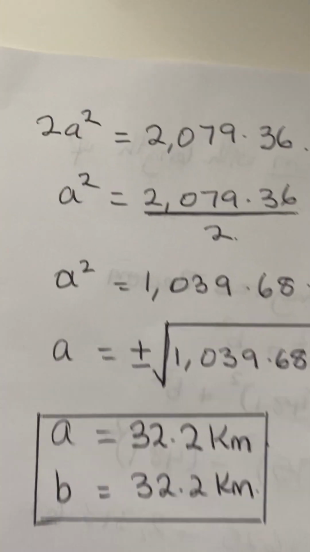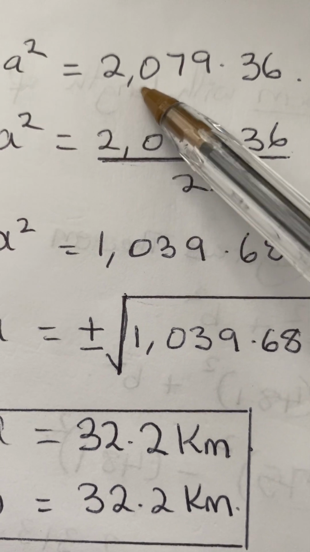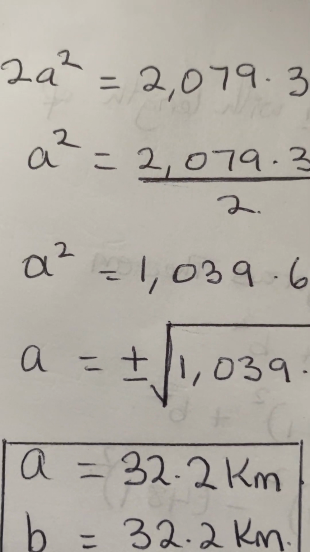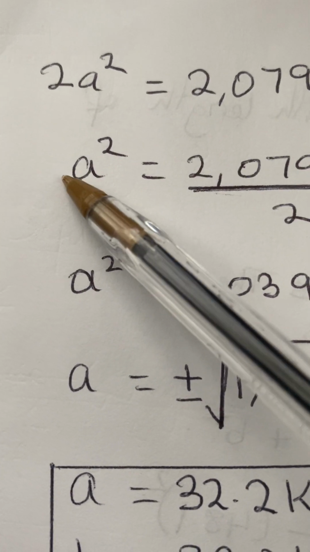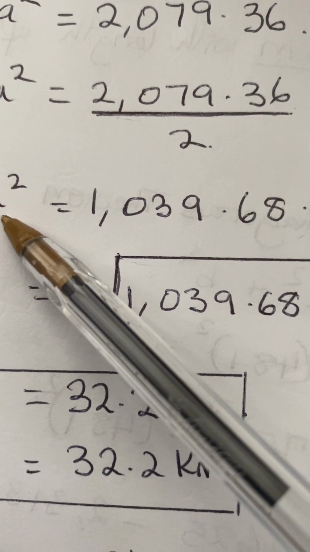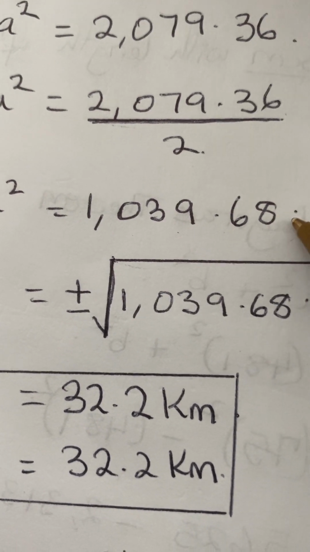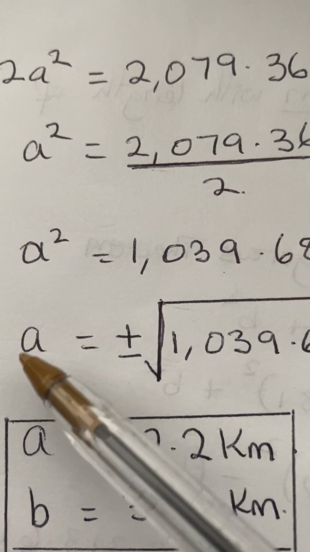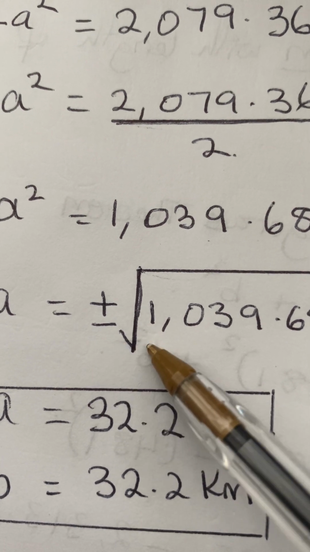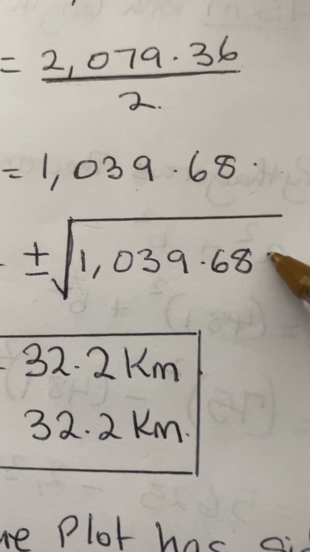Now we divide both sides by 2, so A squared will become 1039.68. To find A, it will be plus or minus the square root of 1039.68.